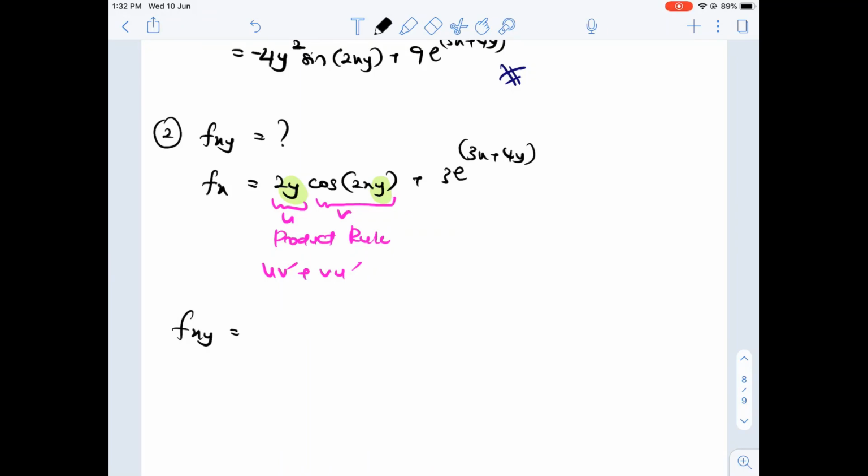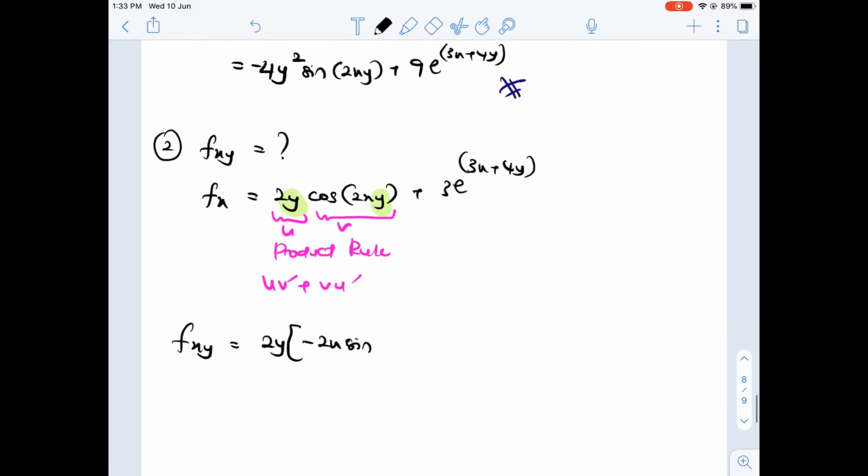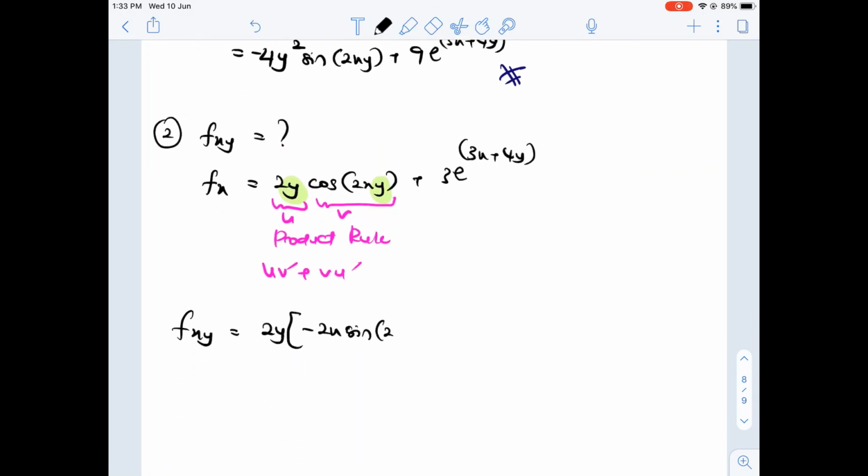So we have u is 2y, so 2y multiplied by v prime. So differentiate cos 2xy with respect to y. We will have negative 2x sine 2xy, and then plus v u prime. So plus v is cos 2xy, and then u prime, differentiate u is 2y, we will get 2.